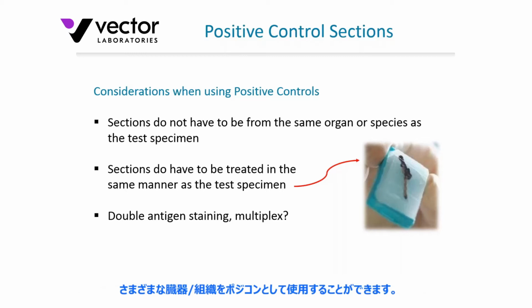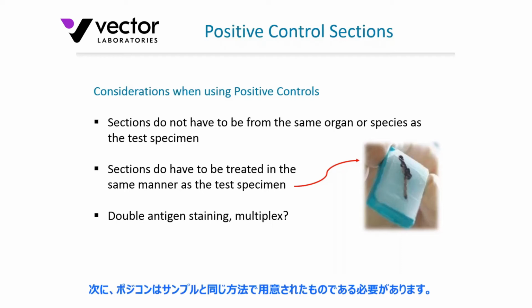So that example hopefully showcases that you can use different tissue types as positive controls. If you were going to use a different species as the test specimen, just make sure the primary antibody does recognize the antigen in that alternative species.